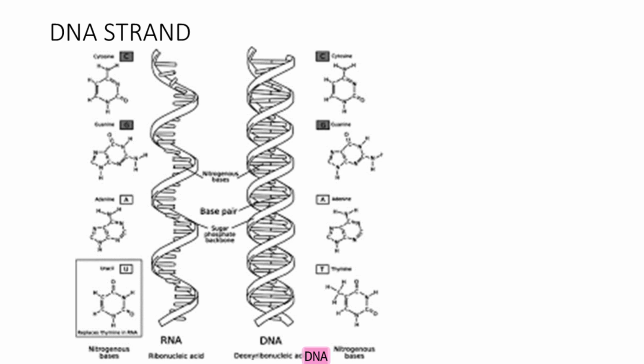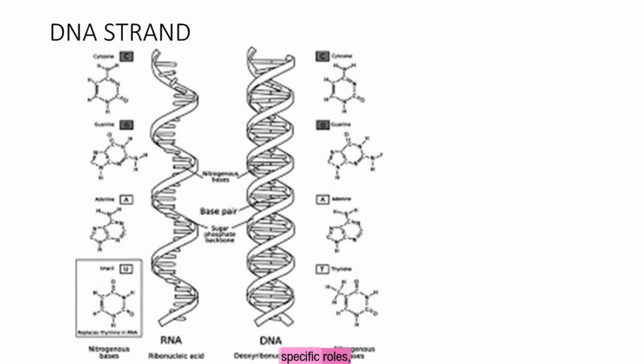In conclusion, DNA, as we've already seen, is the genetic material of all living organisms. It is located mainly in the nucleus of eukaryotic cells. It is a double helix structure made up of two polynucleotide strands, and each strand consists of nucleotides that contain sugar, phosphate, and a nitrogen base.